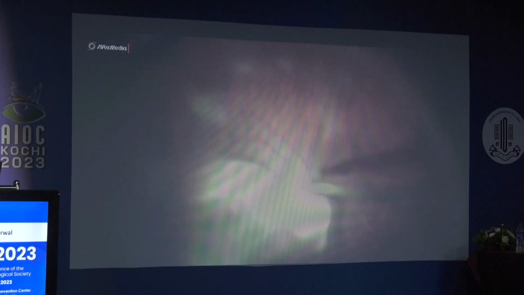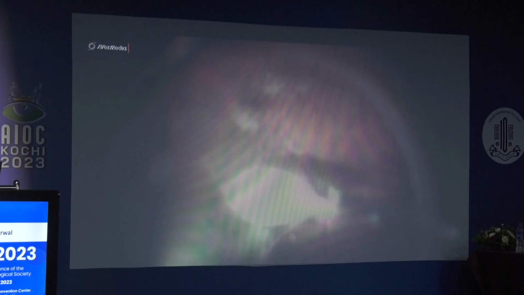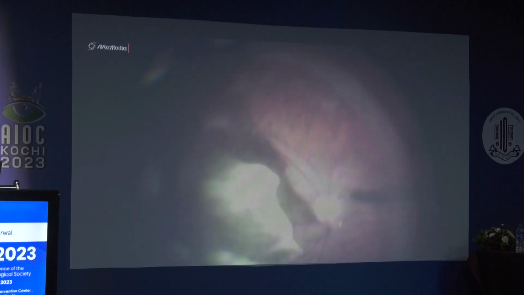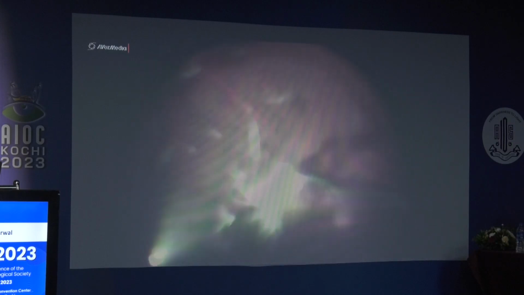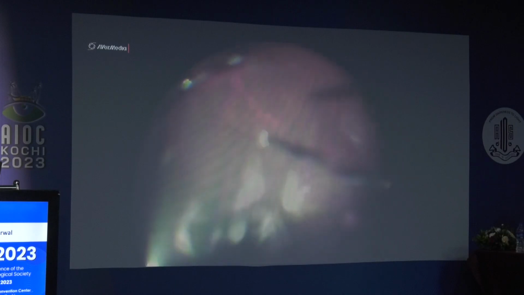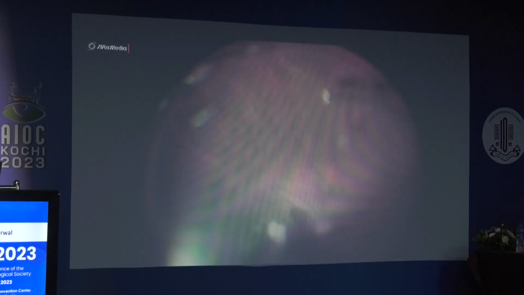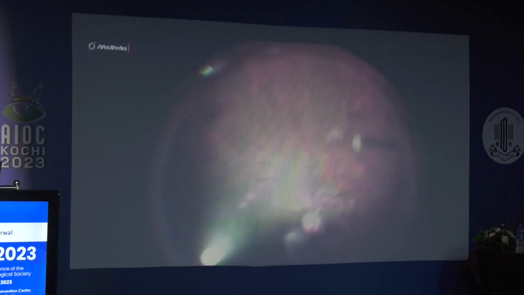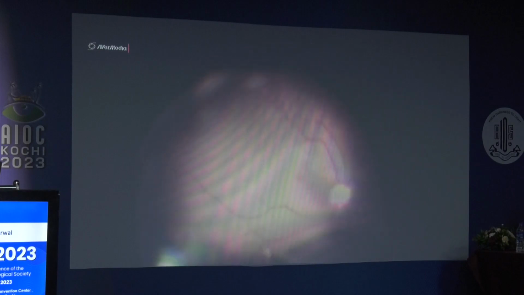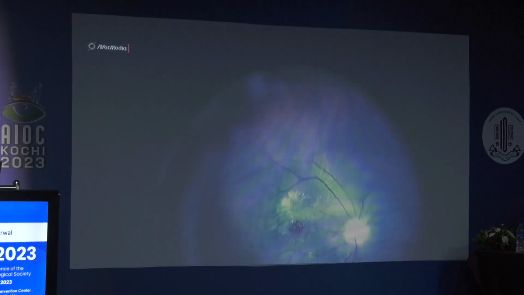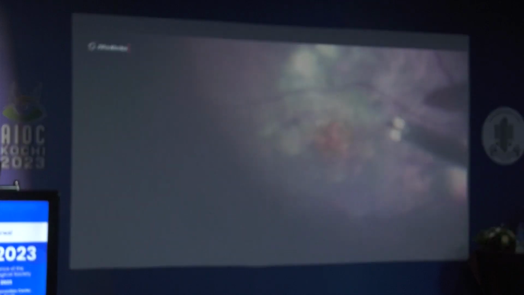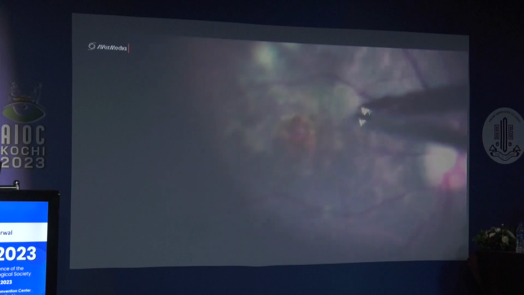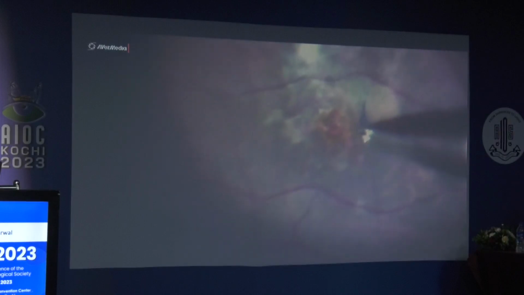Vitreous stained by triamcinolone. Posterior vitreous detachment induction was done. Vitrectomy completed. Brilliant blue dye injected. Internal limiting membrane peeling was initiated.